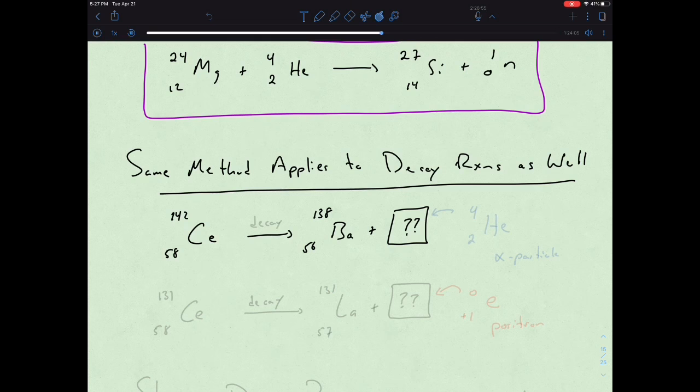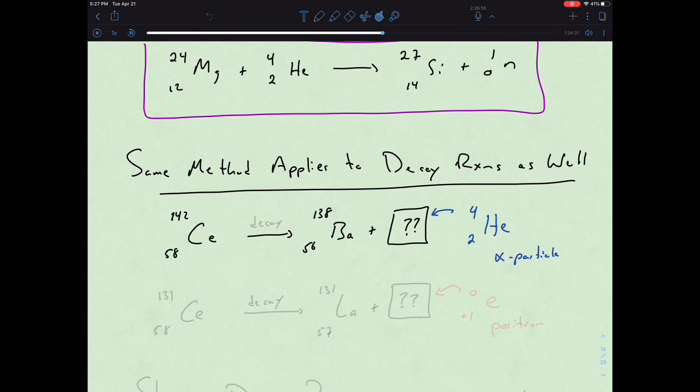Right? We would expect that particle in the decay process to have a mass of 4 and an atomic number of 2, and so that would be a helium or an alpha particle that's produced in that particular process.